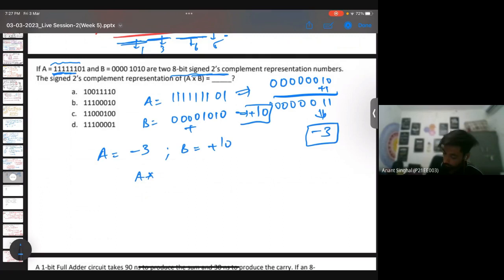So A cross B will be minus 30. And for minus 30, since it is a negative number, we need to calculate the two's complement of it again. So 30 is denoted by 16 plus 8 plus 4 plus 2 plus 0.